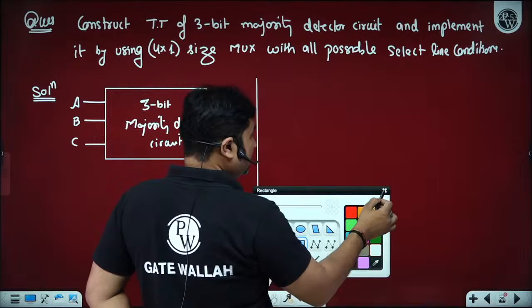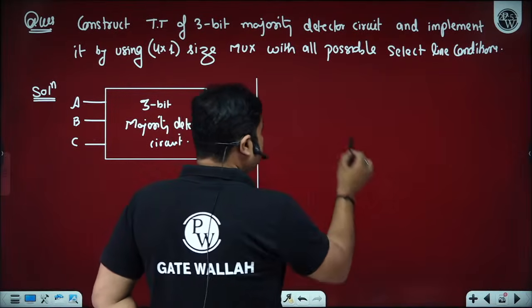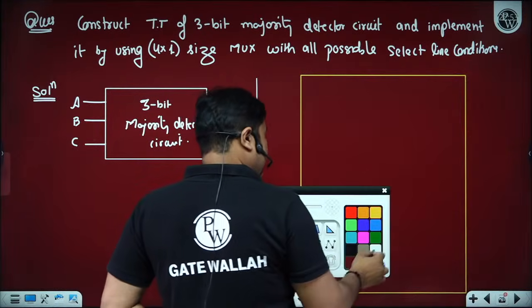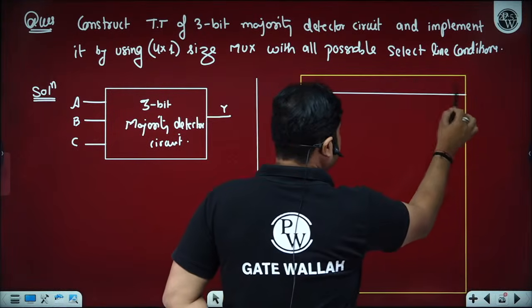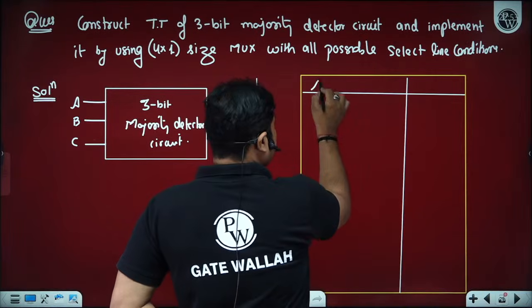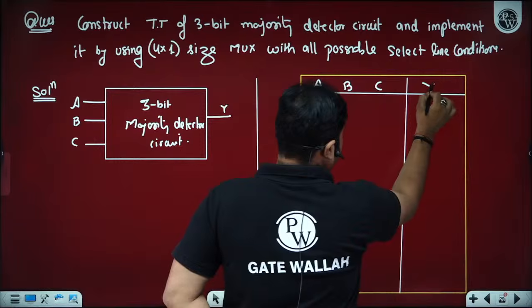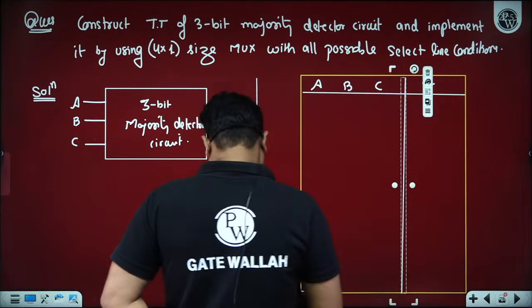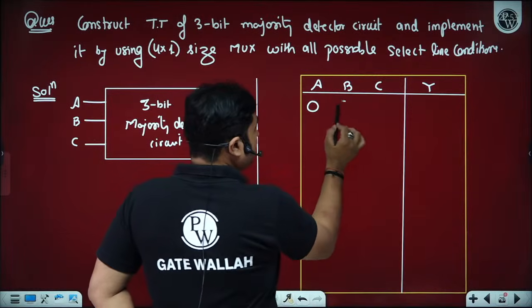Next is to construct the truth table. Please observe, I am constructing a truth table. How many possibilities with the 3 variables? A total of 8 possibilities, considering A as the MSB and C as the LSB. We can represent the possibilities in binary as 000, and so on.